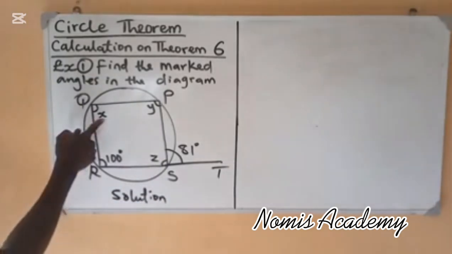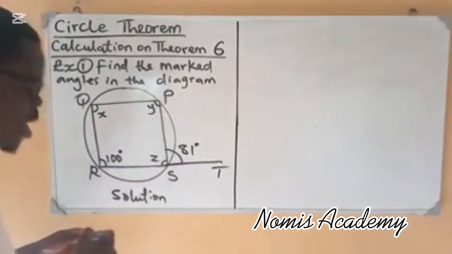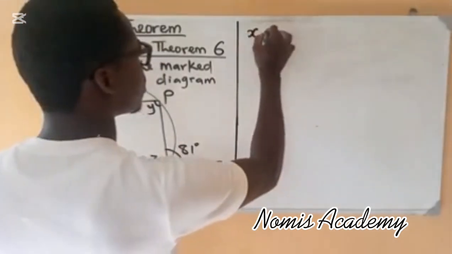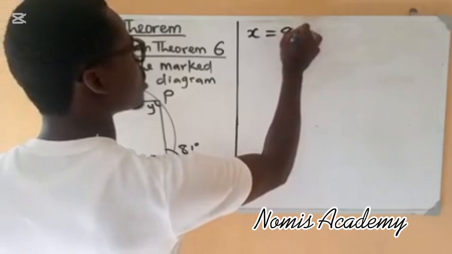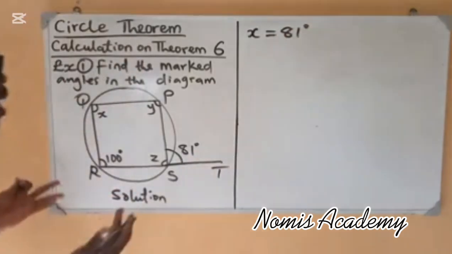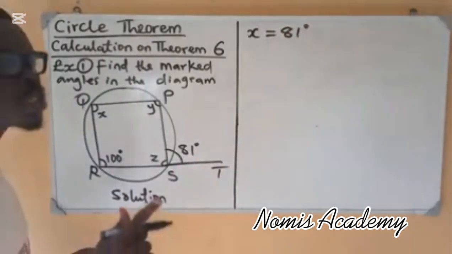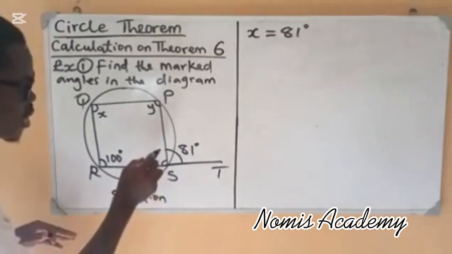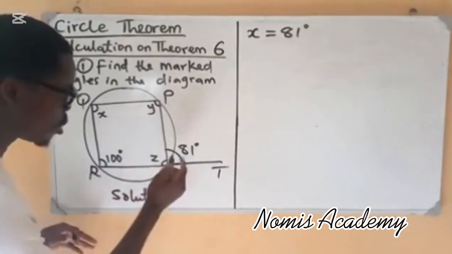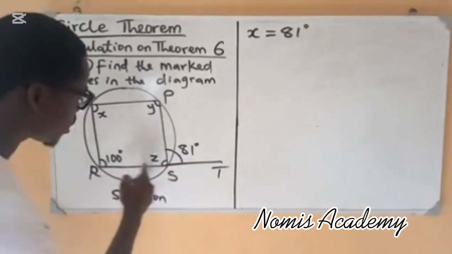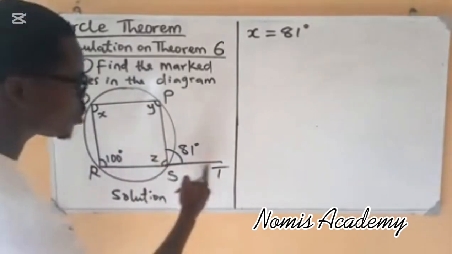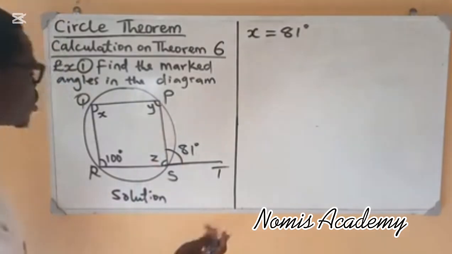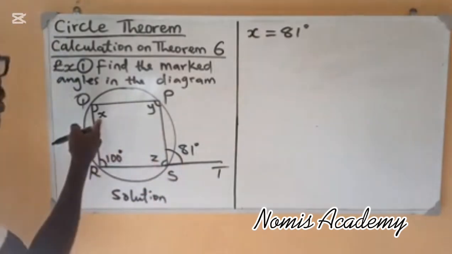So we can say X is equal to 81 degrees. What is the idea behind that? If you remember Theorem 6, which we stated and proved, we said that when one side of a cyclic quad is produced, the exterior angle formed is equal to the opposite interior angle.